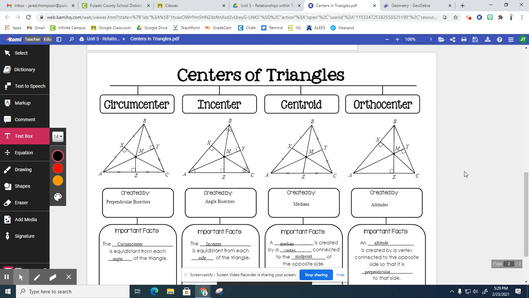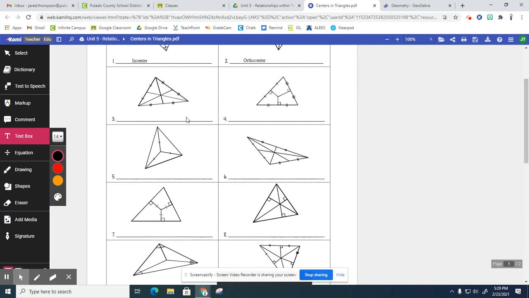I need to see these 90-degree angle boxes. So we'll go back and look. I have no 90-degree boxes, so this has to be a centroid. You can also tell that because it comes from the vertex to the middle, and there's no 90. Okay?